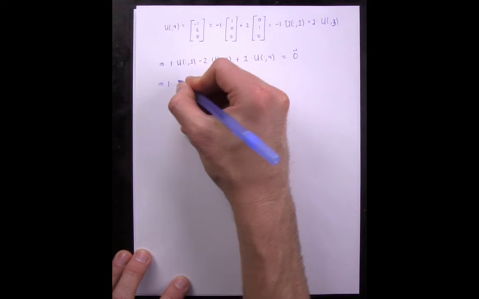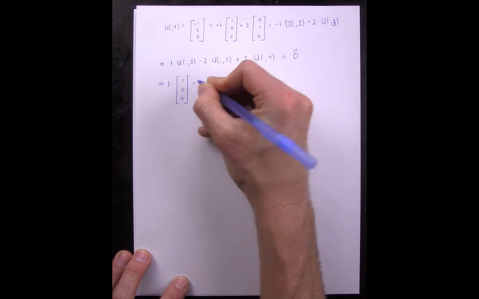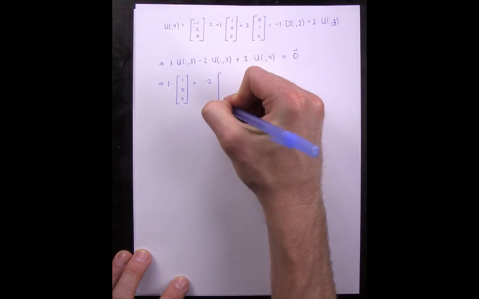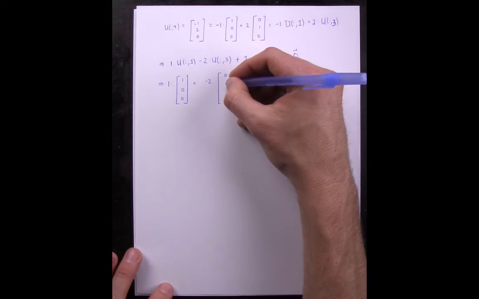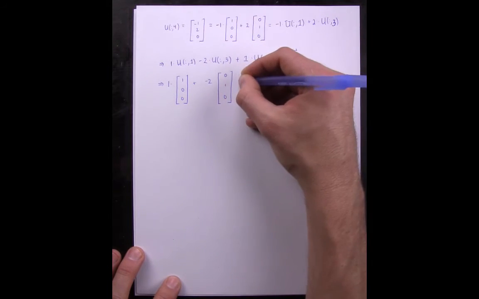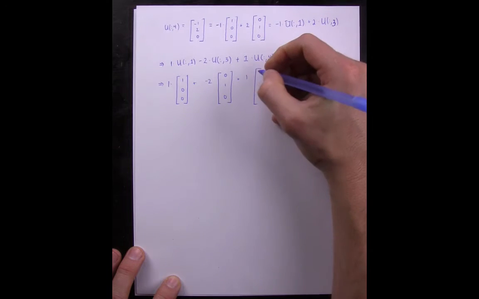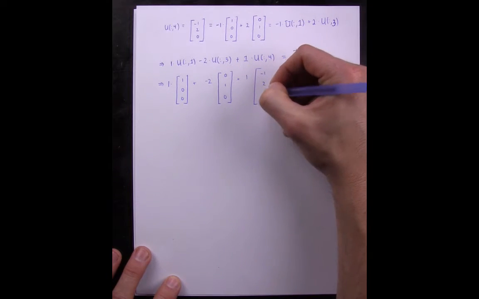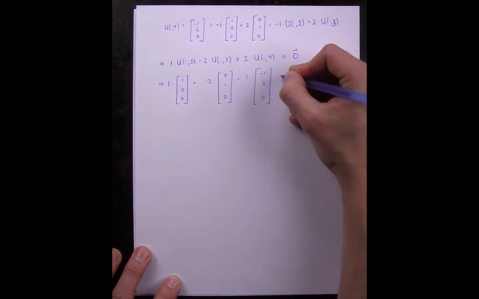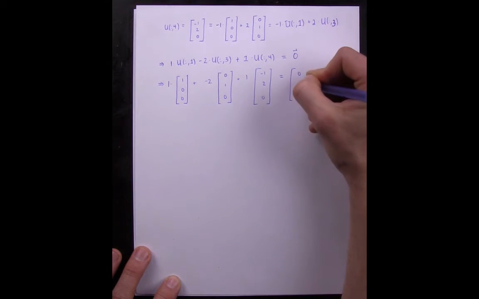In vector form we see that this is 1, 0, 0 plus -2 times 0, 1, 0 plus 1 times -1, 2, 0. Of course, this adds up to 0 by design.